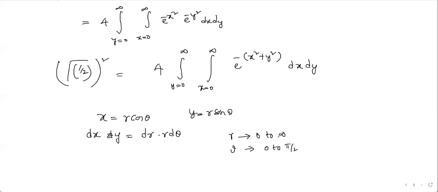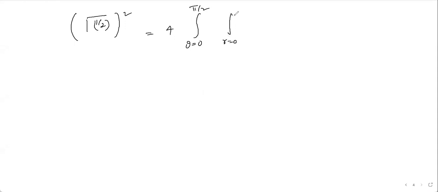So let us substitute. Gamma half whole square is equal to 4 times the integral for theta from 0 to pi by 2 and r from 0 to infinity of e to the power of minus r square r dr d theta.